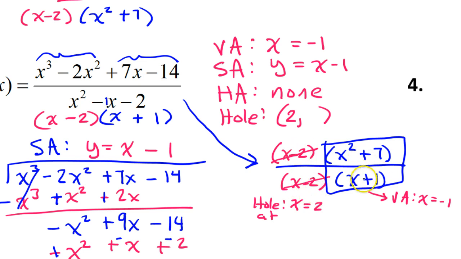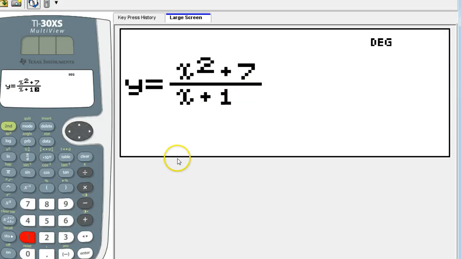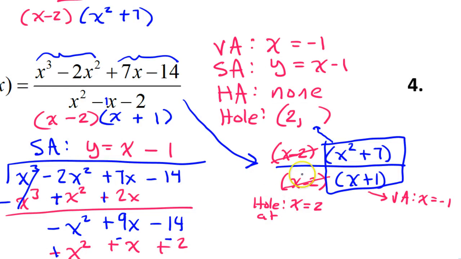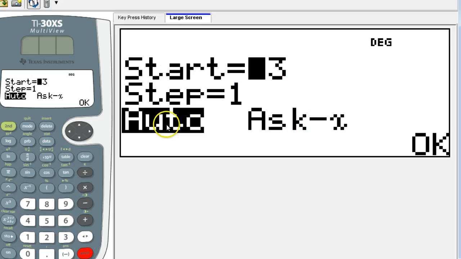So let's put this blue part in the calculator, and that's how we find the y value. All right, so here I am typing it into the calculator, and our hole is at 2, which came from setting this equal to 0. So might as well tell it to start off at 2.